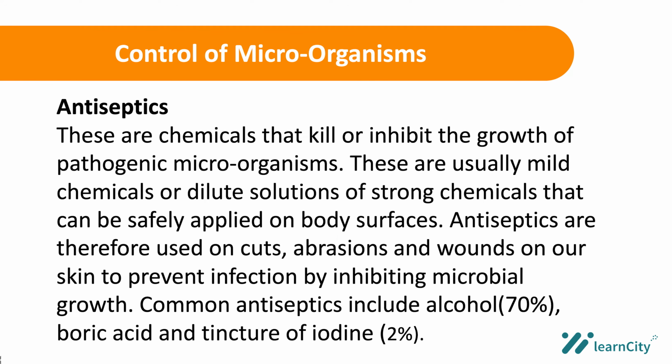So we can use antiseptics on cuts, wounds, and abrasions on our skin to prevent infection by microbial growth. The reason why these chemicals are mild, or dilute solutions of strong chemicals, is so that we can apply them to our skin safely without them causing any damage. Common antiseptics include 70% alcohol, boric acid, and the tincture of iodine, which is 2%.